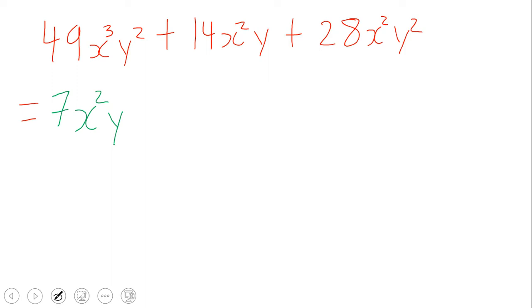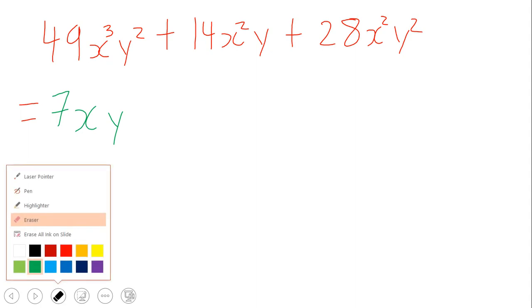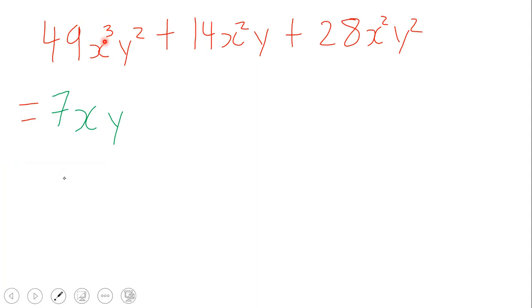Very good. So she made a very good point. We can't just put x here because it's more than x. We have x cubed, we have x squared, and we have x squared. So each of them has x squared in it. And you say, Mr. P, why do you say this has x squared in it?